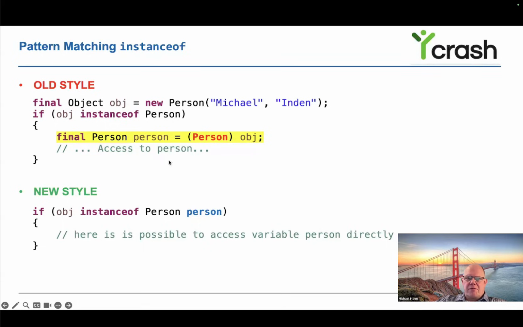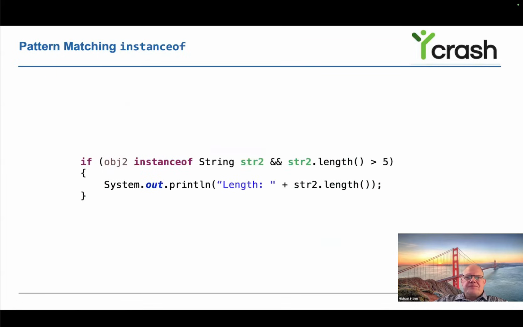And if you have multiple instanceof checks, then you have multiple casts, and it's getting even uglier. Now with Java 16, and of course included in the 17 long-term support release, you just write object instanceof Person person, and you have this variable where, if the object is a person, it's already filled into this person.